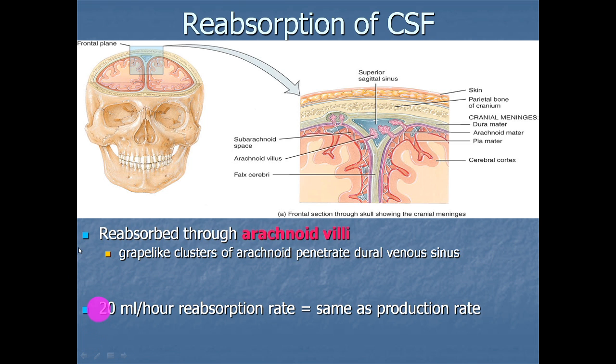We produce and reabsorb about 20 milliliters of cerebral spinal fluid per hour. So you can see why hydrocephaly can be such a dangerous thing. It can kill a person within hours. So we reabsorb and produce cerebral spinal fluid at a rate of 20 milliliters per hour.